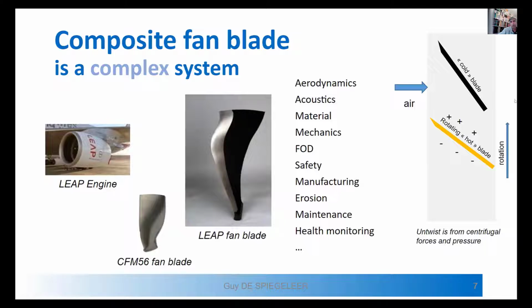It's what we call the hot blade, and it depends on the speed of rotation and on the pressure field. So this is also the complexity of the geometry itself, which you have to consider when you evaluate the performance. So very, very important complexity.